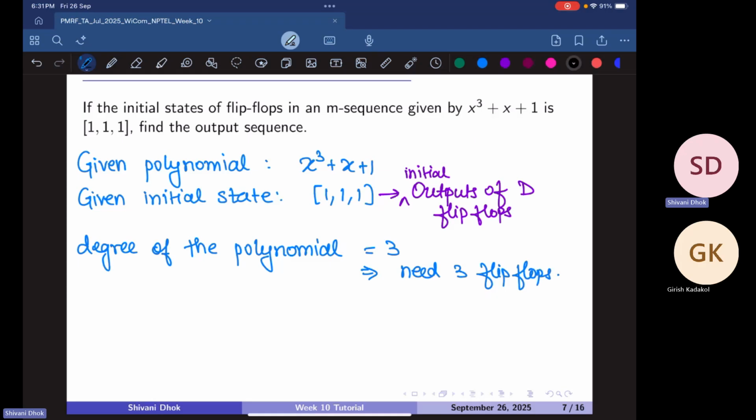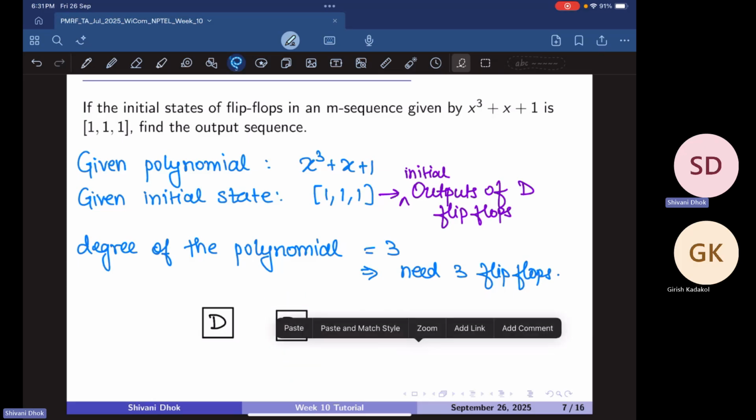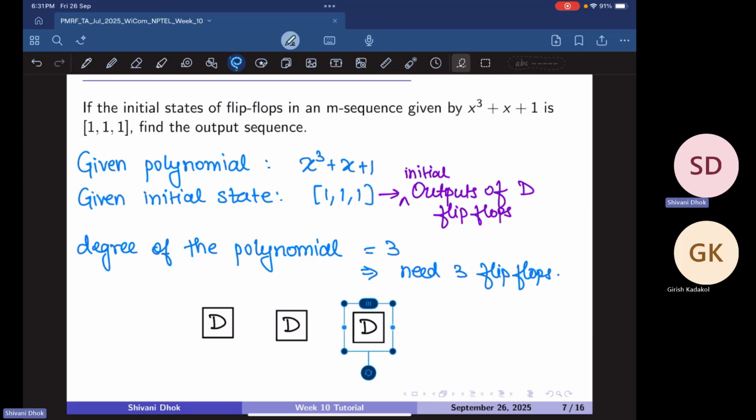So let me just paste the same thing, 1, 2, and 3. We have the output of the first one as x1, then x2, and then x3. Then we need to construct how the XOR gates are connected.